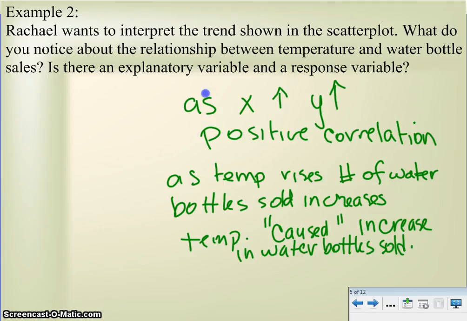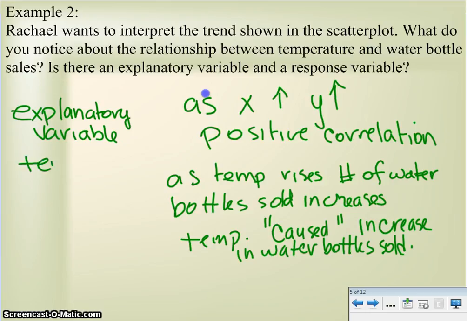Therefore, looking at this, the explanatory variable, it's explaining why something has happened. The explanatory variable is the temperature. And you'd ask, well, what happens when the temperature changes? The number of water bottles sold changes.